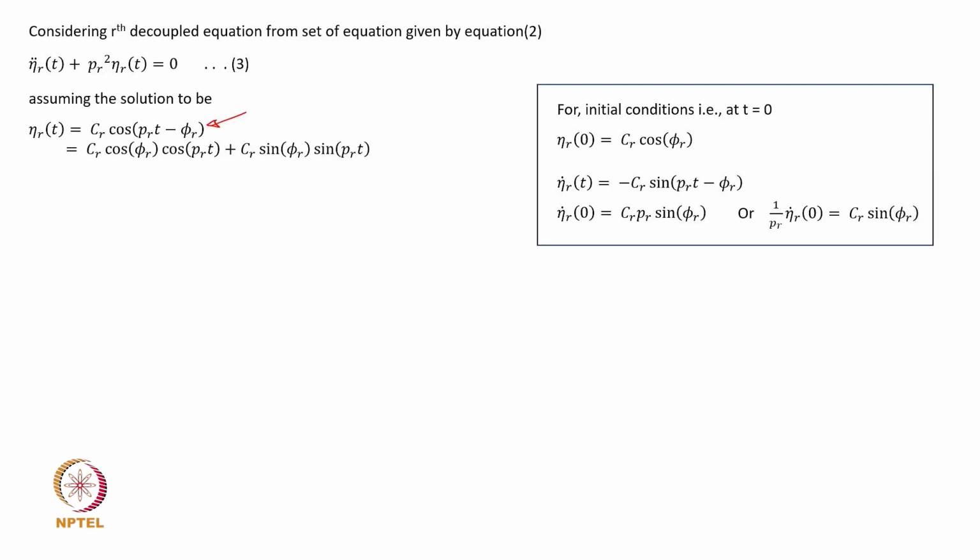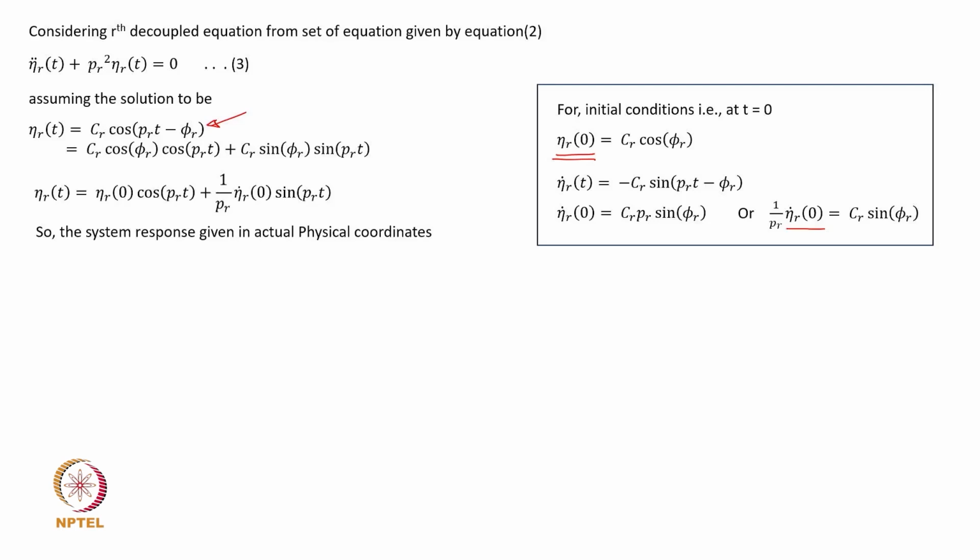The idea here is to ensure that in the general solution, once you substitute the initial conditions, we cannot use eta r naught or eta r dot naught, because the initial conditions are prescribed in the physical coordinates. So, although eta r(t) is in terms of initial conditions like eta r naught and eta r dot naught, we would like to represent the solution in terms of the initial conditions prescribed on the physical coordinates, which are q naught and q dot naught.